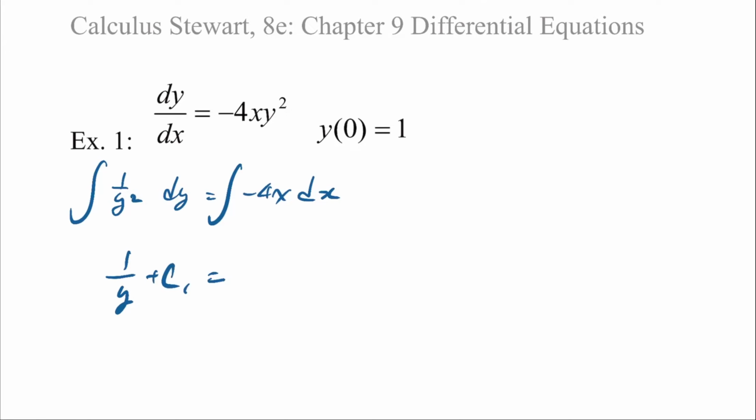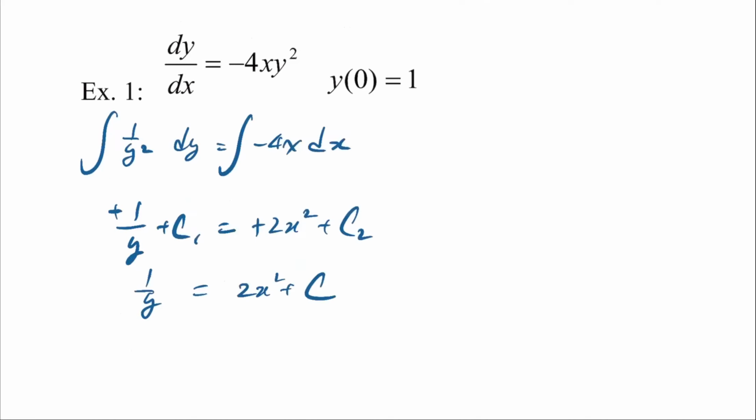It looks like I forgot the negative sign over here. And the next one's going to be negative 2x squared plus C2. I got the two negatives, so they make it positive, right? And the fact that I have two constants, let's put one to the other side, which would make it 1 over y equal to 2x squared plus C. So I'm going to have to solve for y by flipping it, right? So this becomes y equals 1 over 2x squared plus C.